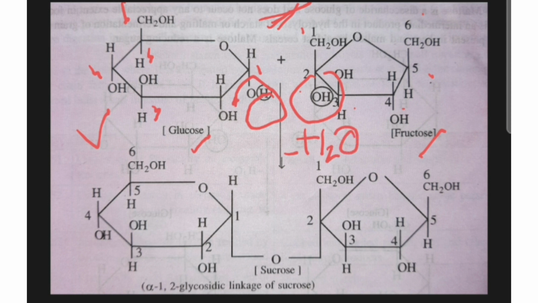Here they are forming the glycosidic linkage through the oxygen. Here you can see in this second structure they are attached, forming the glycosidic linkage with the help of oxygen. So this is the overall structure of sucrose.